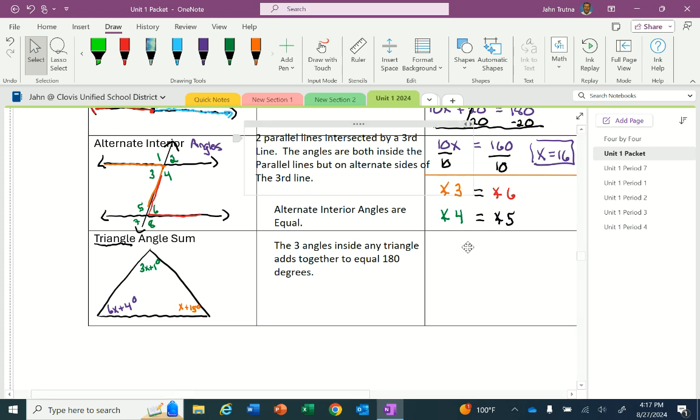So how do we use that as an example, and how do we create an equation that we could use? Let's go to our picture here.